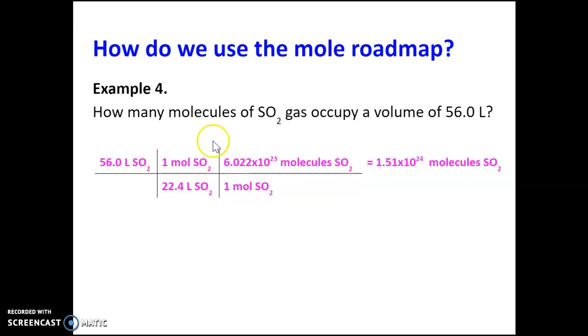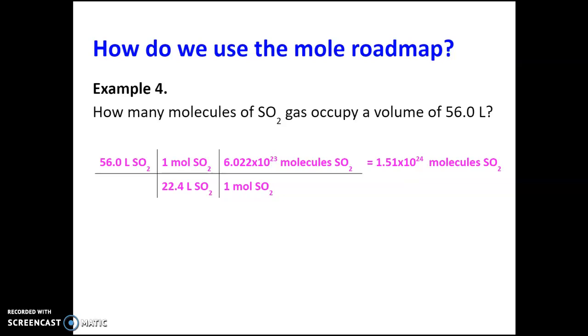And so now I'm in molecules, and that's what I was asked for. So now I can go from 56 times 1 times Avogadro's number divided by 22.4 times 1, and that gives me 1.51 times 10 to the 24 molecules of sulfur dioxide.